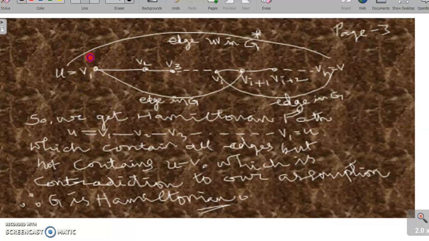So now look at this particular picture. u is equal to v1, v2, v3, dot dot dot vi, then vi plus 1, vi plus 2, dot dot dot vn and v. Okay, right. This is an edge in G, this is also an edge in G, and u is connected to this in G star. G star equals G plus uv. Those edges we have. Am I correct?